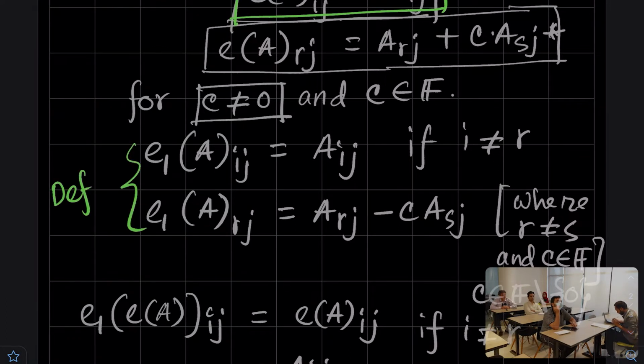So this is a new definition. The previous one was actually one of the types of elementary row operations. There are 3 types, so already that is defined. Now he is defining a new operation associated with that operation, denoted by E1, and he is proving that E1 times E is equal to the identity.